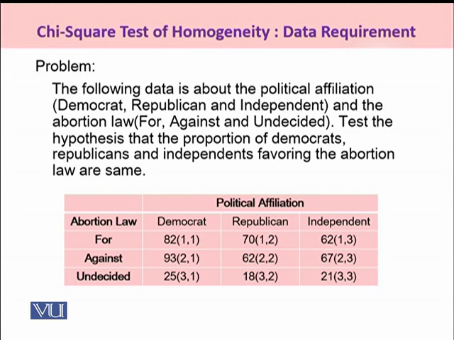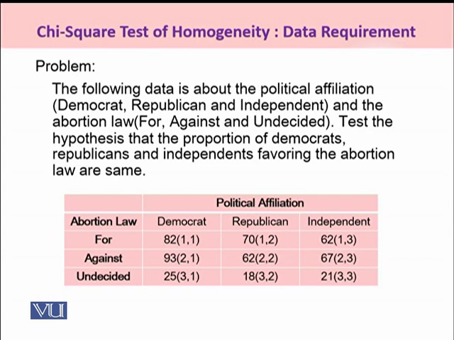You are required to test the hypothesis that the proportion of Democrats, Republicans and Independents favoring the abortion law are the same. If you look at this problem, its contingency table is given.